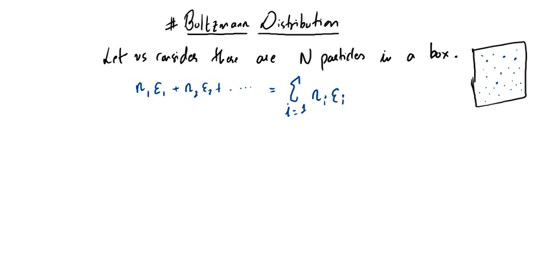That's the energy that we have of a system where there are n particles. Let us say this energy is then E.